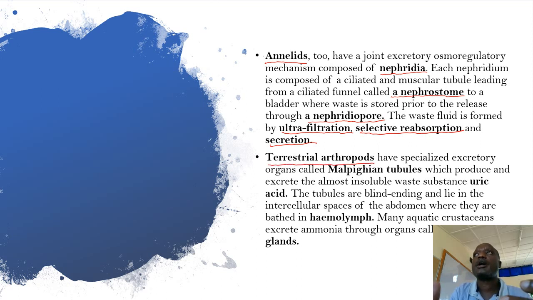Now let us move to terrestrial arthropods. In arthropods is where we have most categories of insects. What do arthropods use as their specialized excretory organ? They use Malpighian tubules. You have to pay much attention here. And what do most terrestrial arthropods discharge into their environment? They discharge uric acid, which is insoluble in water, and this is an adaptation.